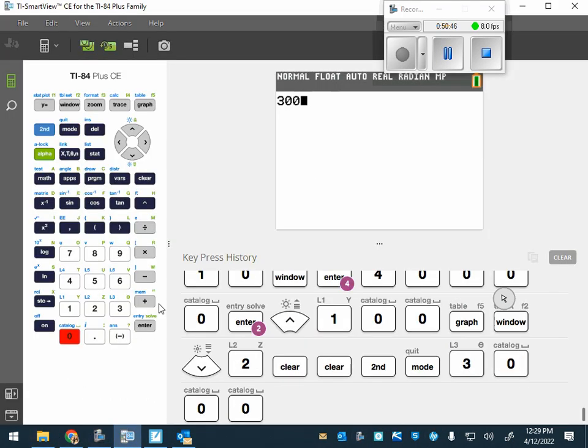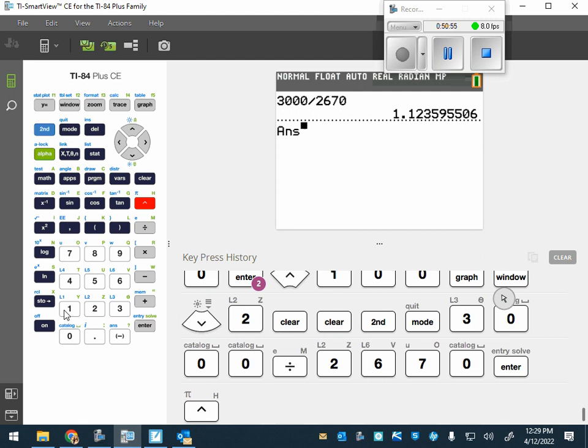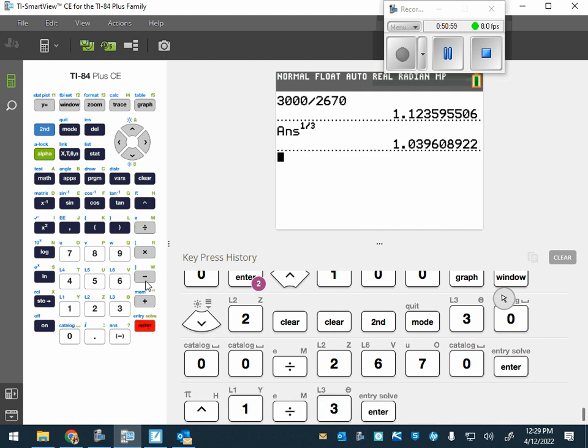So we have 3,000 divided by 2670. And then raise it to the 1/3. Then what do we do? Subtract 1.